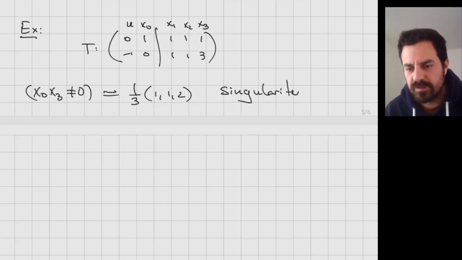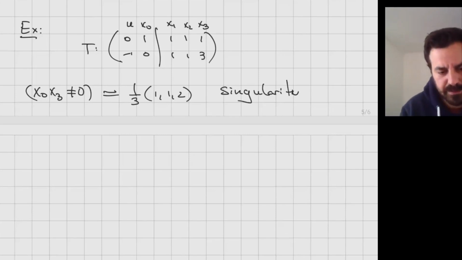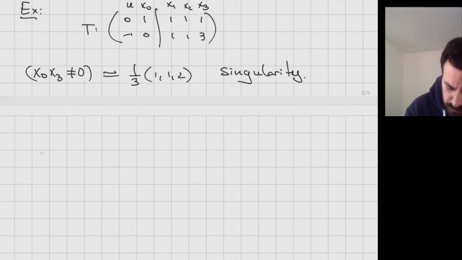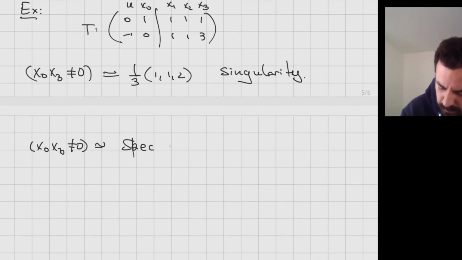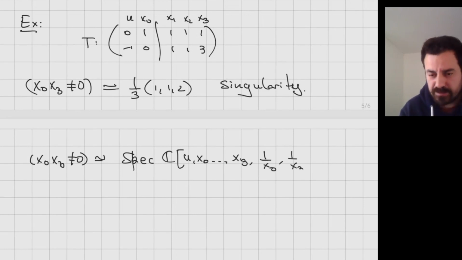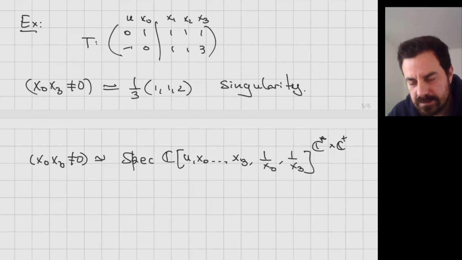Okay, so if you want, maybe I give you slightly more details. This patch is isomorphic to the spec of C[u, X_0, X_3, 1/X_0, 1/X_3], so all the regular functions on this patch which are invariant under this C star times C star action.